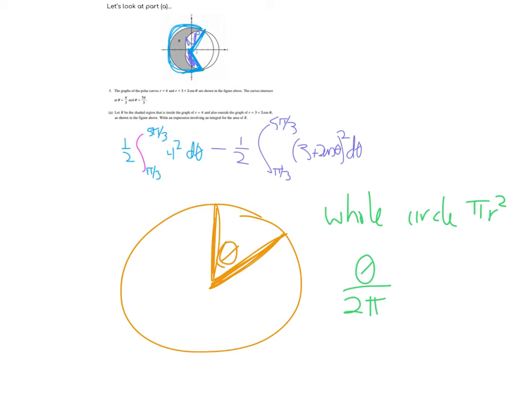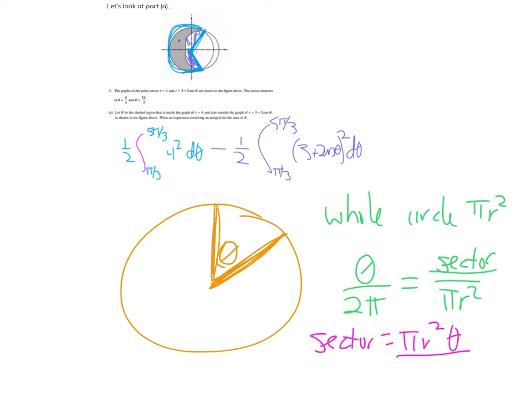You can set that up as a proportion: part to whole, theta to 2 pi, equals the area of the sector to the area of the circle, pi r squared. So the area of the sector is pi r squared times theta over 2 pi. Cancel out the pi's and you get r squared theta over 2.